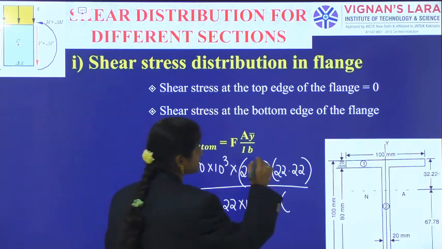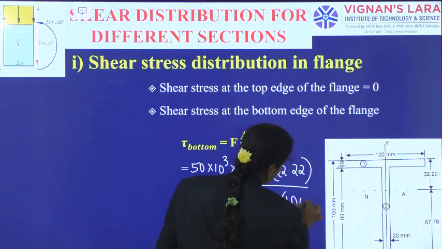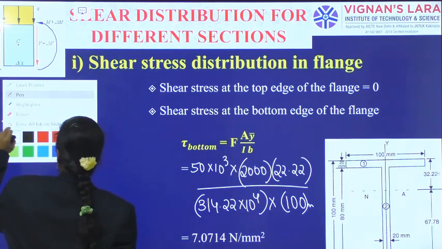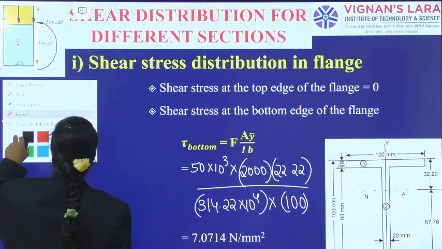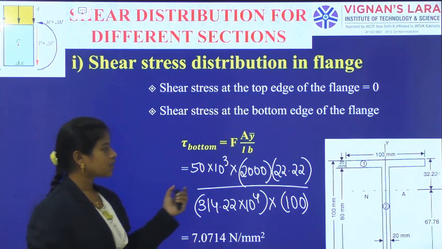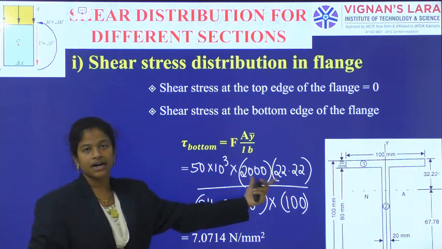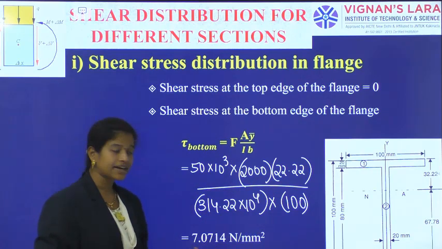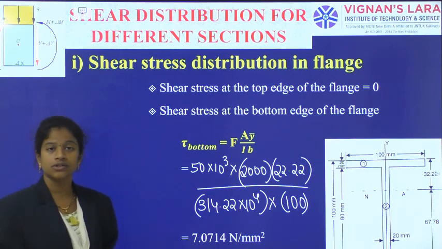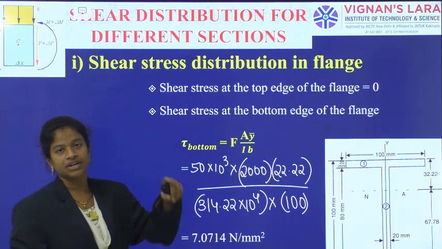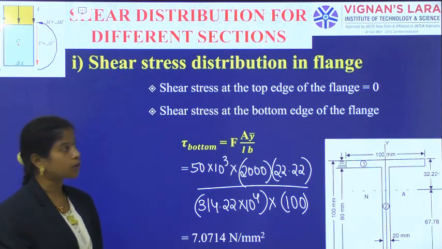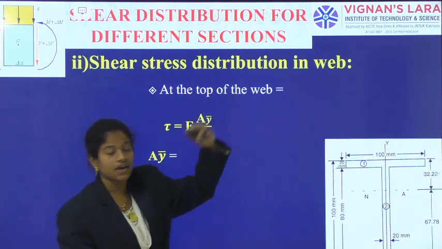That answer is 100 mm because still I am there in flange only. Okay, so in this way F A y bar by I into B, we have calculated and got the answer as 7.7004 Newton per square mm. That is at the bottom edge of the flange. Now I am going into web portion. Okay, shear stress distribution in the web.